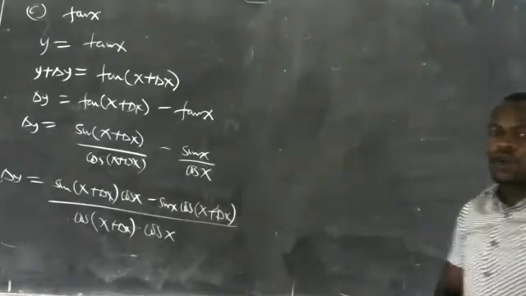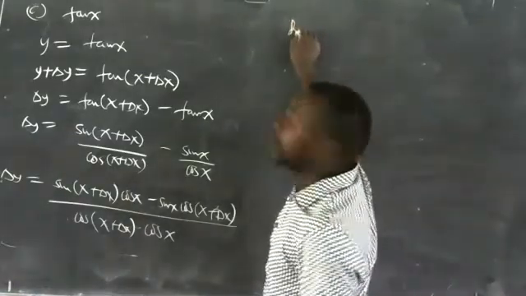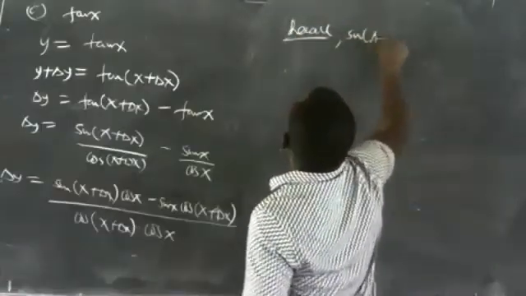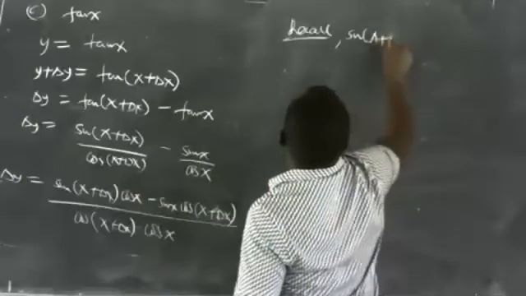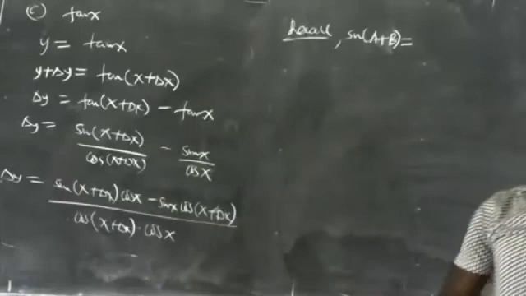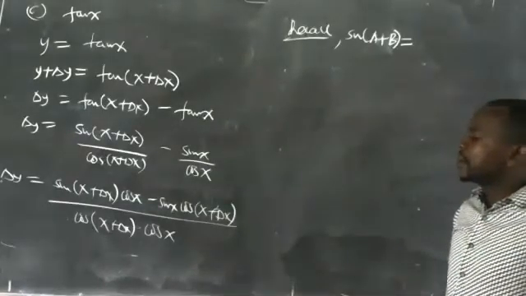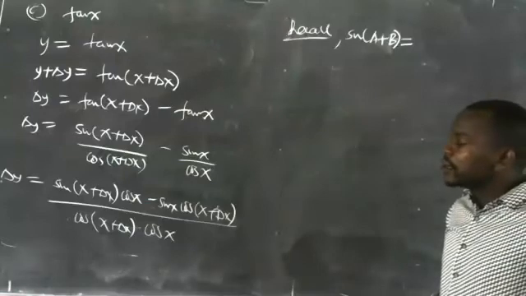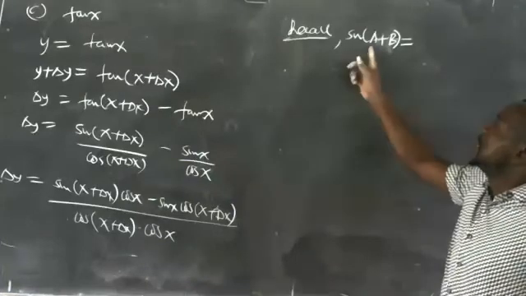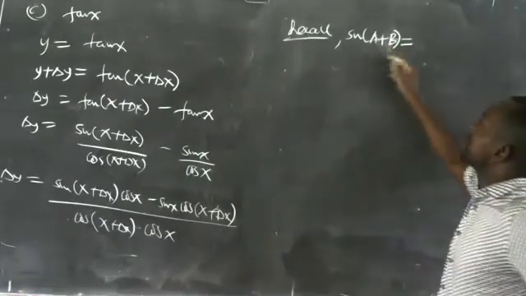Now from here, you recall that, teacher, A plus B compound angles. What do you get here? Do you have compound angles? Yes, teacher. Okay, what do we get here? Sine A cos B.